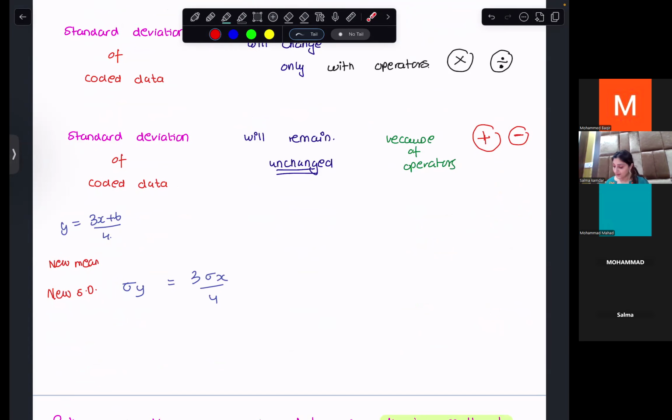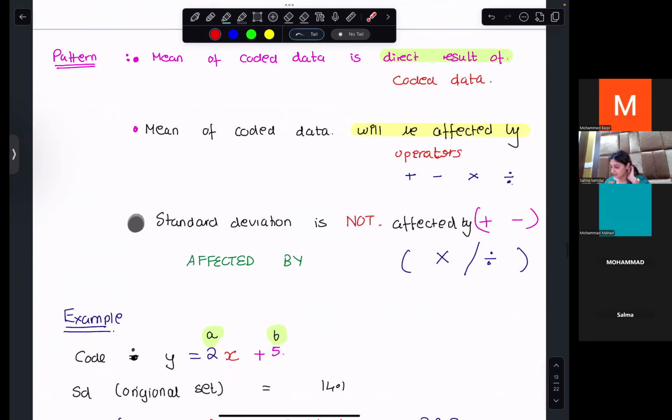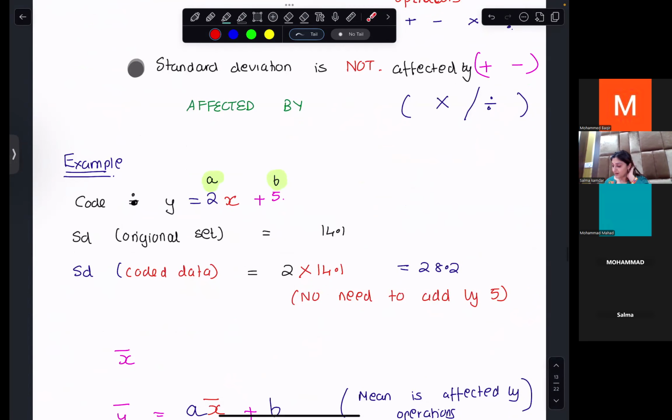Okay. If my code is y equals 2x plus 5, can you give me the standard deviation of the coded data? My standard deviation of the original data is 14.1.